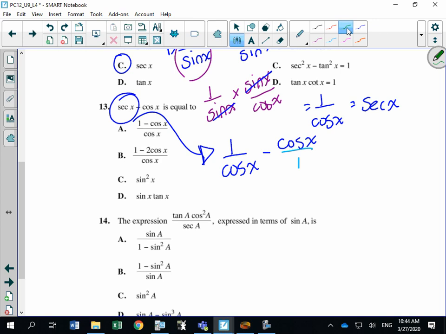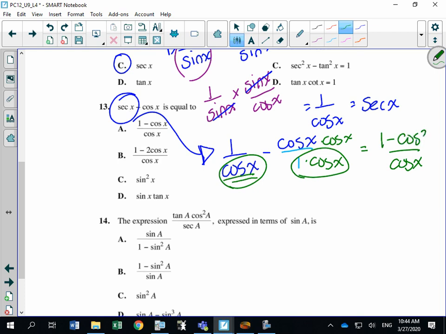We need to get common denominators. If I have cos of x on the left, I need cos of x on the right. What I do to the denominator, I do to the numerator. Now my denominator is cos of x, and my numerator is 1 minus cos squared of x.